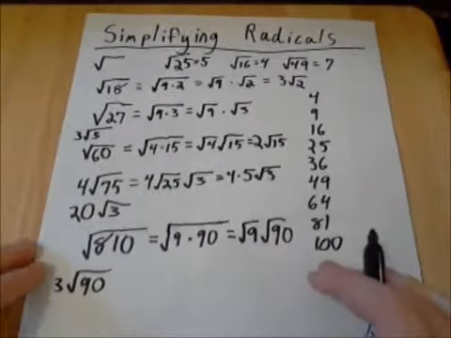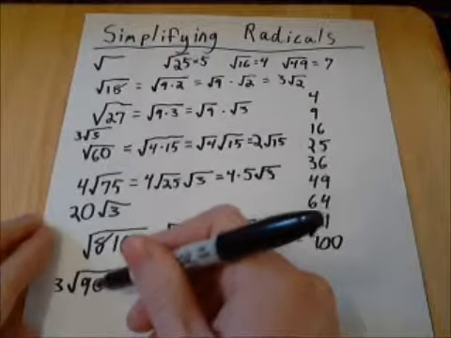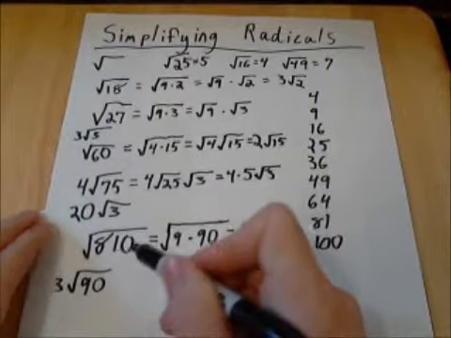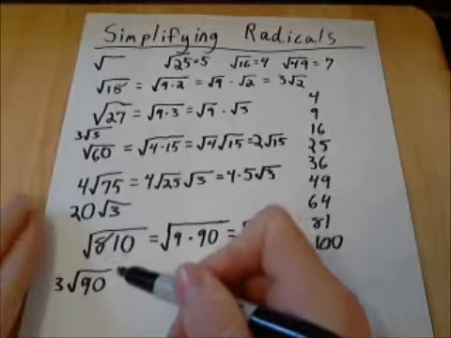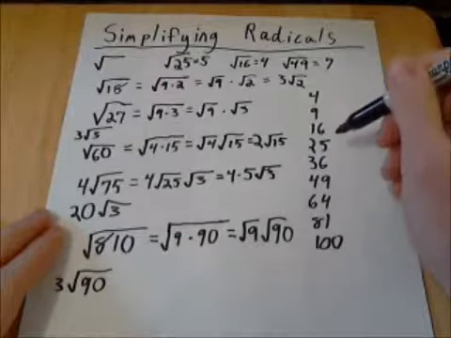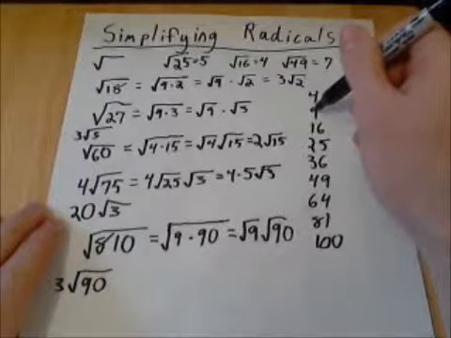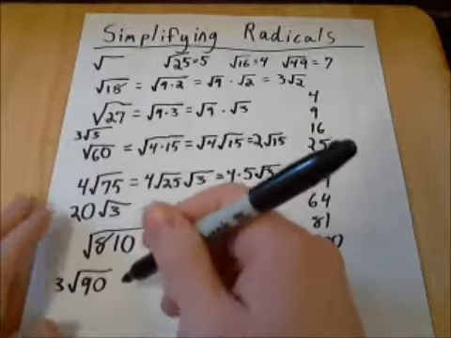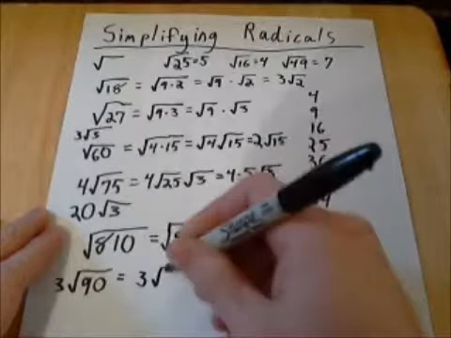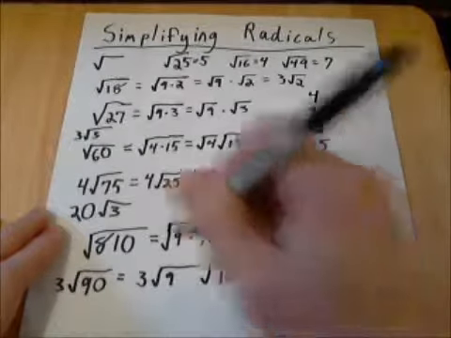Now, at this point you have to ask yourself, are you done? Because this number here can still be broken down further, because we didn't use the biggest perfect square that goes into 810. So we have to start over again with 90 now. What's the biggest perfect square, or not necessarily the biggest, just any perfect square that goes into 90? Well, 9 looks like it's going to go into 90 again. So this is going to be 3 times the square root of 9 times the square root of 10, because 9 times 10 gives 90.